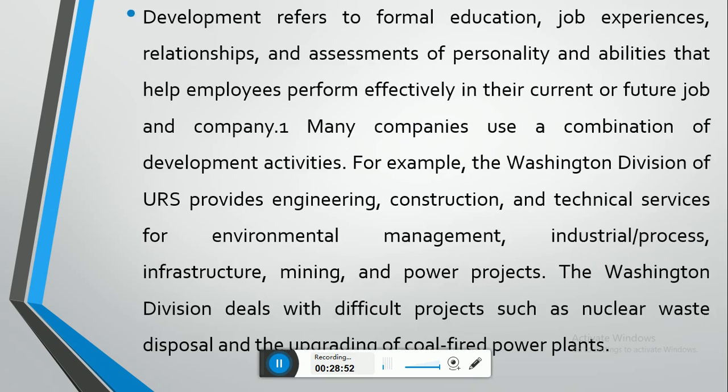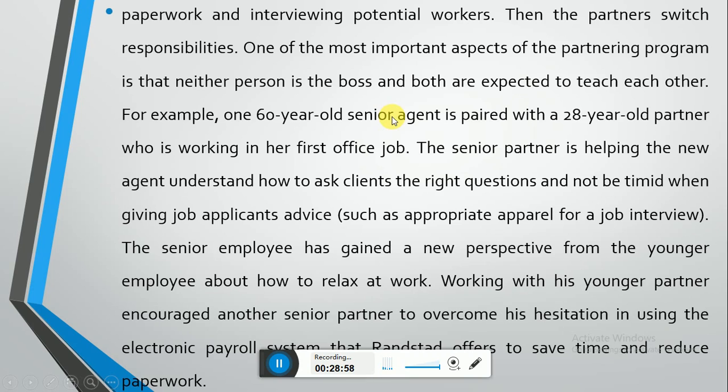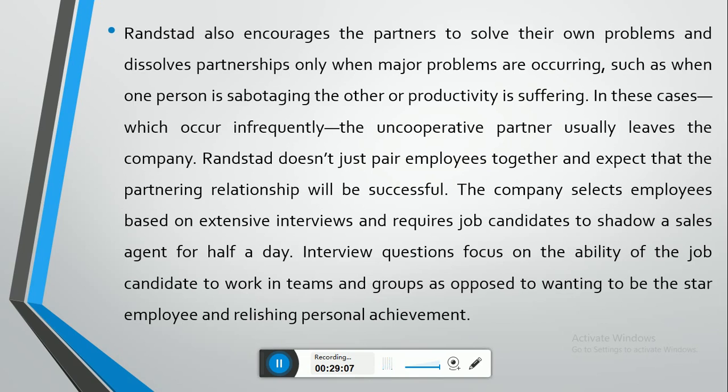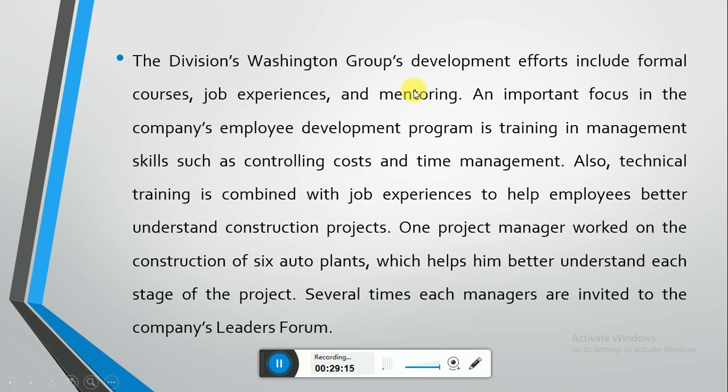So let me review what we have discussed today. We started with the example of a company, how they developed their employees' skills and talents, pairing them with the most experienced employees. Then we discussed the introduction, why we need that.